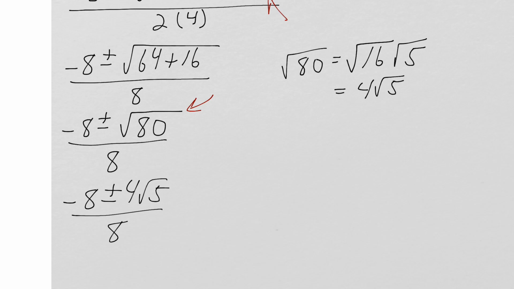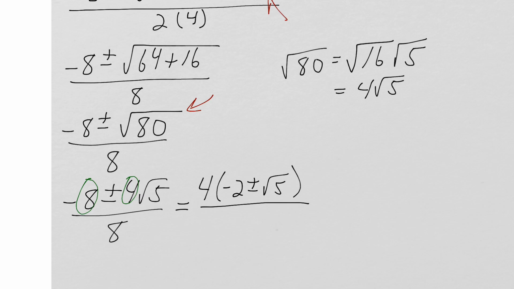Okay, and then the next thing we want to do is treating this like one of those algebraic fractions. We want to see if we can't clean up this fraction by first of all factoring the top if possible. Notice on the top I've got an 8 and a 4, and I can factor a 4 out of those, which means I can rewrite the top as 4, and then in parentheses, factoring out, I get a negative 2 plus or minus the square root of 5 all over 8.